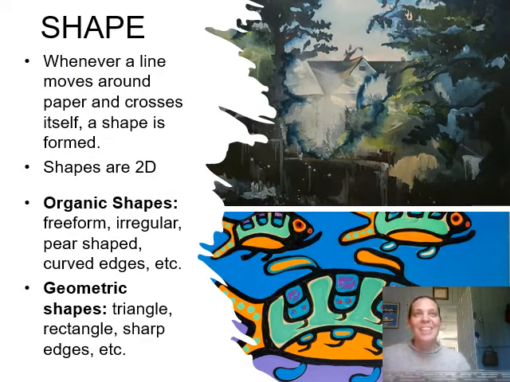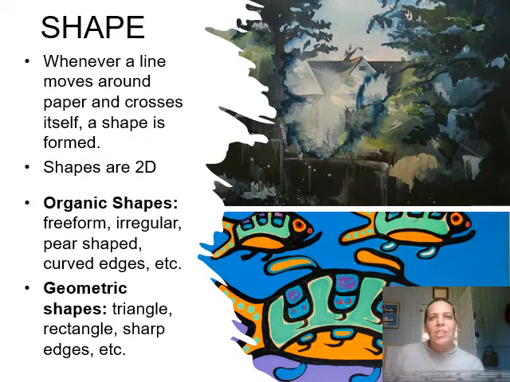The next element we're going to look at is shape. Whenever a line moves around a page and crosses over itself, it becomes a shape. Shapes are two-dimensional, and they can be roughly categorized into two main categories, which are organic shapes and geometric shapes. Organic shapes are freeform or irregular, think pear-shaped, or a lot of the naturally occurring shapes we see in nature.